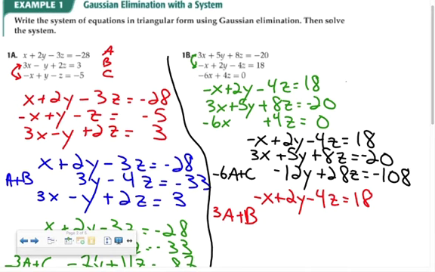And then 3 times 2 is 6, plus 5 is 11y. 3 times negative 4 is negative 12, plus 8z is minus 4z, equals 3 times 18, which is 54. And 54 minus 20 is 34. And I'm going to leave the third equation alone.